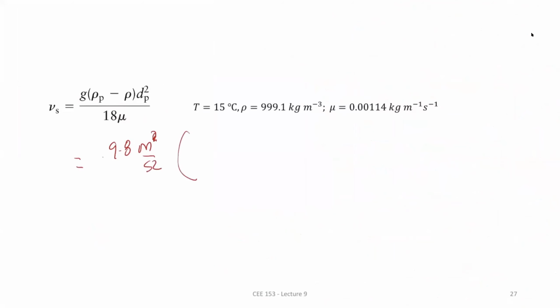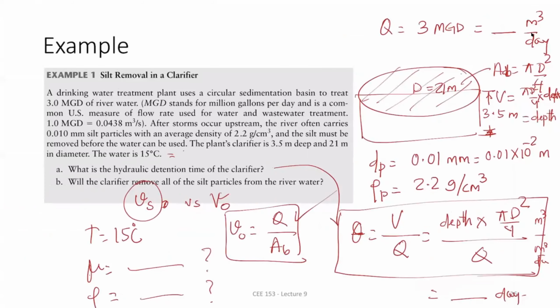Density, I gave you this number here. Particle density, what is the number? Somewhere it's given 2.2 gram per centimeter cube.